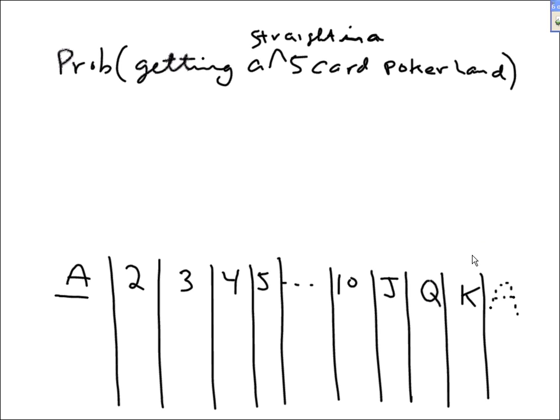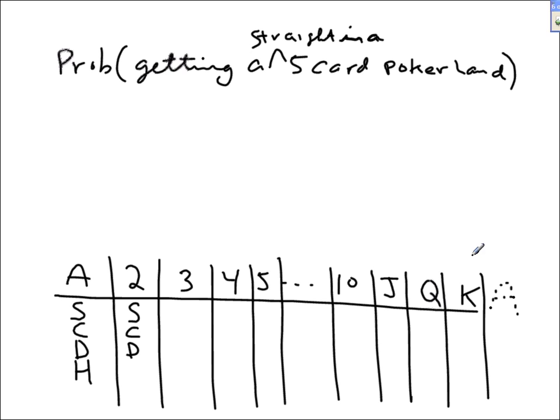Now, when it comes to each of these denominations, there's 4 cards of each one in the deck. There is the ace of spades, the ace of clubs, the ace of diamonds, the ace of hearts. There is the 2 of spades, the 2 of clubs, the 2 of diamonds, the 2 of hearts.